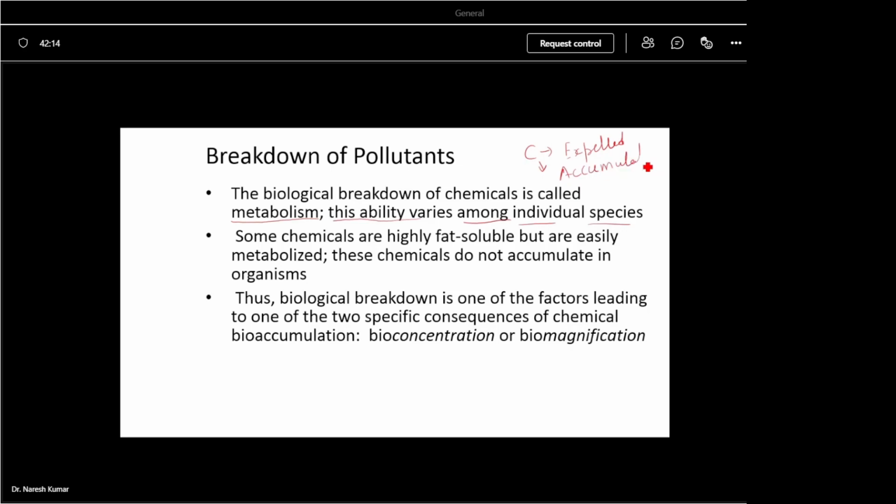Generally, this is not the case with good things like carbohydrate, fats, protein, lipid. They don't get accumulated. But then there are chemicals, there are compounds which will not be metabolized by the body, by the organisms, either by human beings, animals, or any organism. So what they do, they would accumulate. So those which are metabolized, they will not be accumulated.